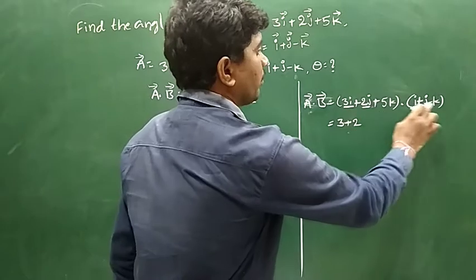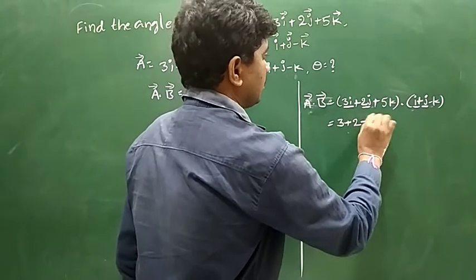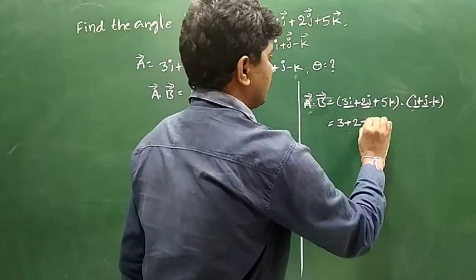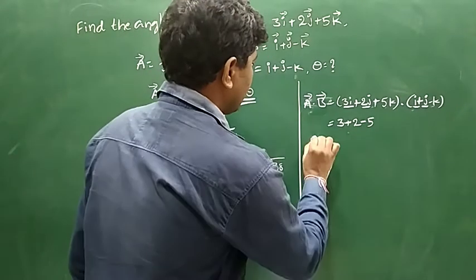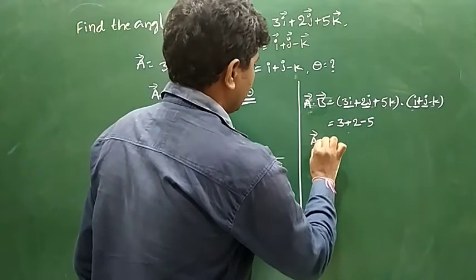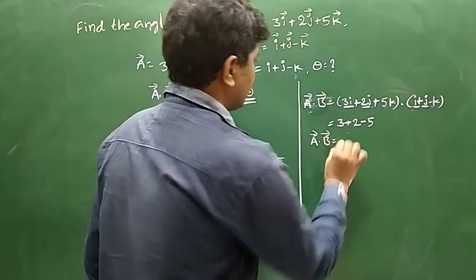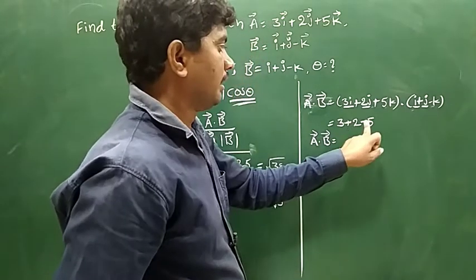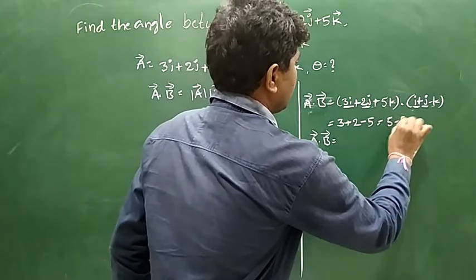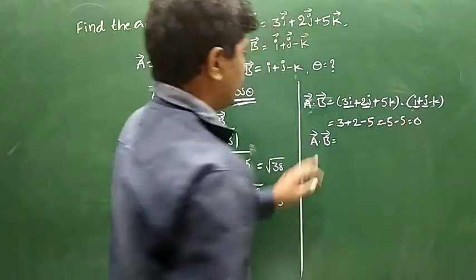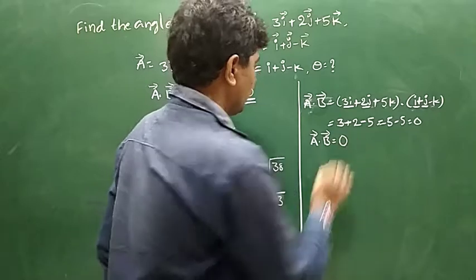Next, plus 5 into minus 1, that is minus 5, k dot k equal to 1. Finally, A bar dot B bar equal to 3 plus 2, 5 minus 5 equal to 0. A bar dot B bar equal to 0.